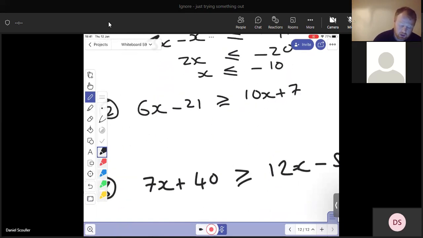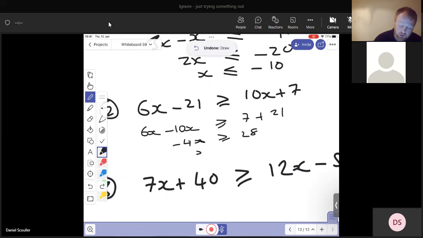Okay, 6x minus 10x greater than or equal to, that minus 21 goes to the other side, it becomes 7 plus 21. That'll be minus 4x greater than or equal to positive 28.